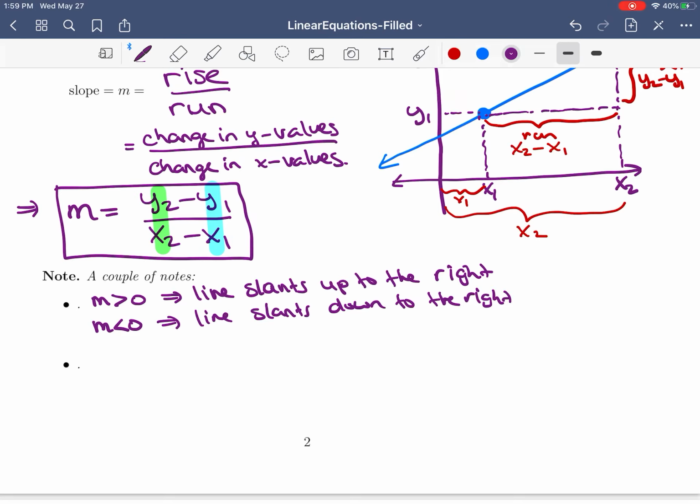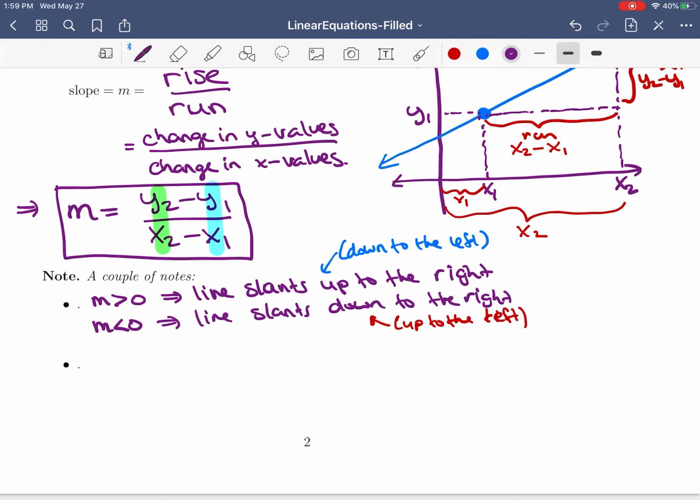Now for the first one, you could also say down to the left. And then the second one, you could actually say up to the left.